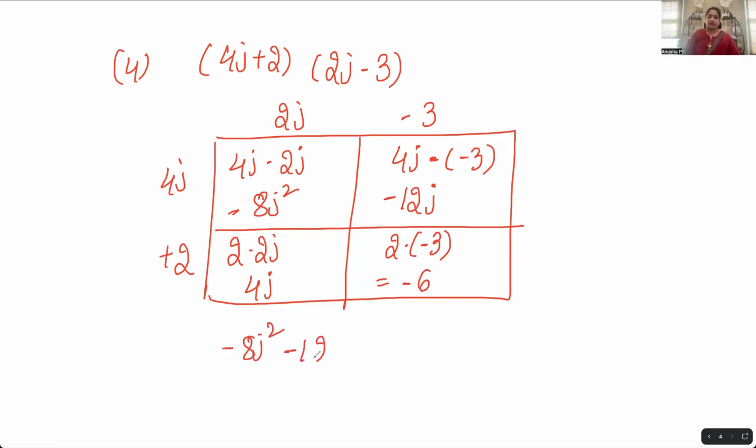So 8j squared minus 12j plus 4j minus 6.